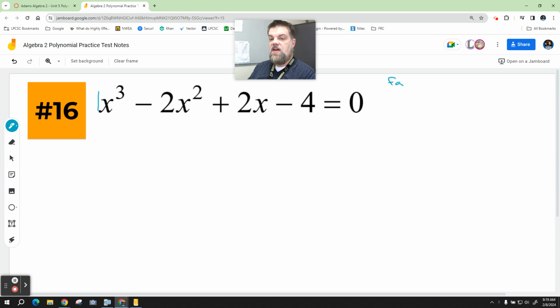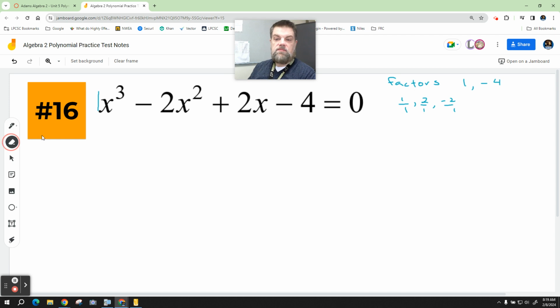So I say the factors of, and we'll label this as 1 and -4. And they're written as a ratio, so it's like 1 over 1. What's also a factor of 4? How about 2? Right? So it would be like 2 over 1. So it's a combination. It's like 2 over 1, then there's -2 over 1.